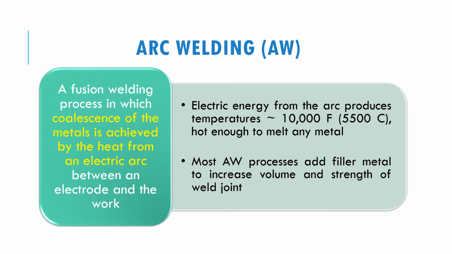For example, the melting point of aluminium is only around 600 something, right? So 5,500 degrees Celsius is very high energy. Most arc welding processes add filler metal to increase the volume and strength of the weld joint.